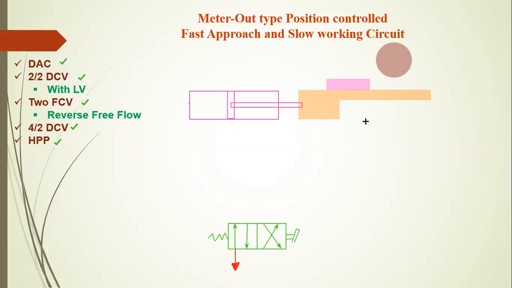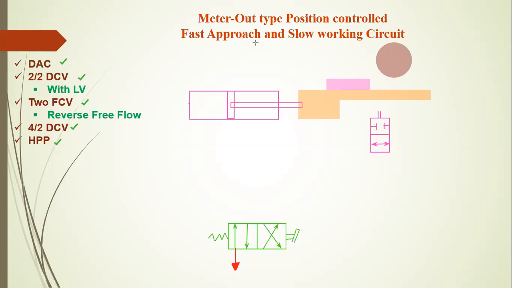Here I put one 2 by 2 direction control valve, with two positions: one position closed and the other open. For this 2 by 2, the specific type is with limiting valve.